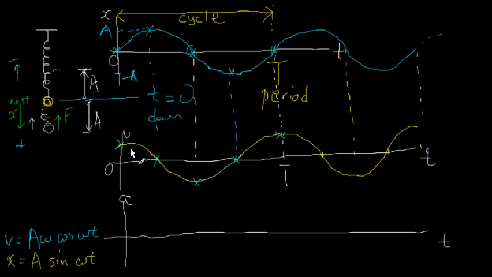Now there are two ways to think about the acceleration. We can either think of it as the gradient of the speed-time graph, as we've learned before, or we can think of it as proportional to the force, because we know that F equals ma. So it must be proportional to the force.